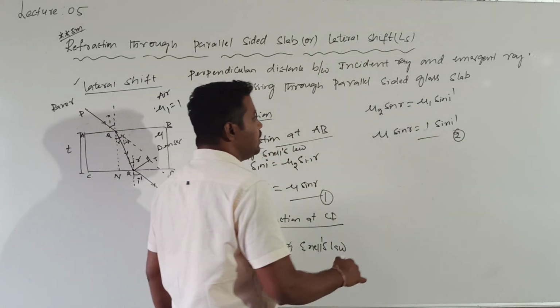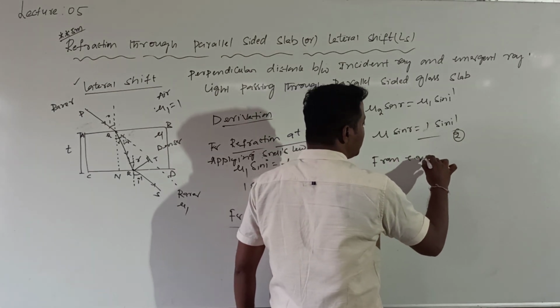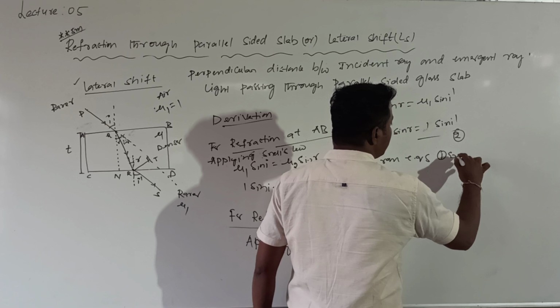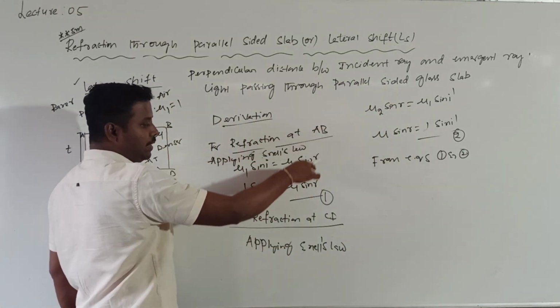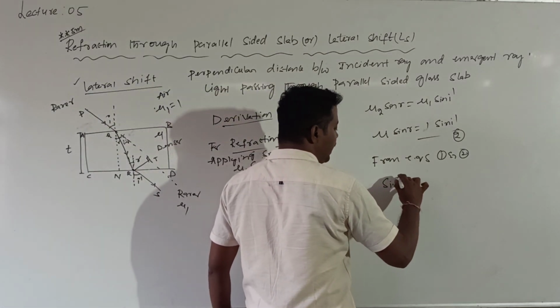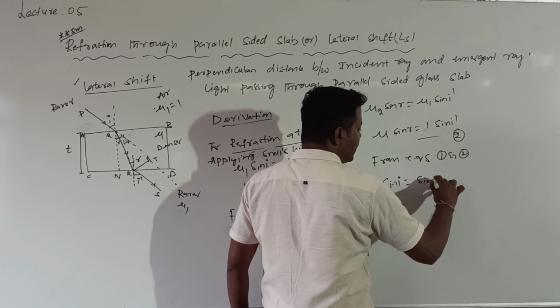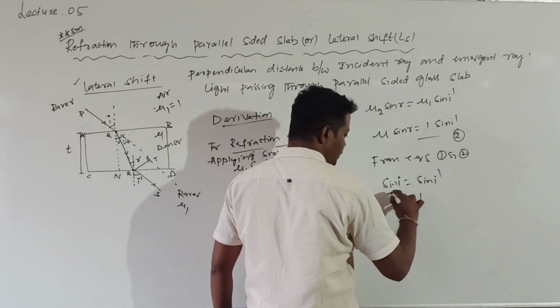So from equations 1 and 2, tell me what they give. Here also mu sin I, mu sin R. So I can write sin I is equal to sin I dash. From this, I is equal to I dash.